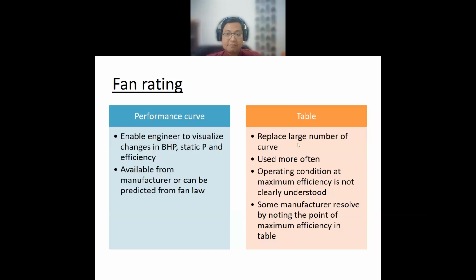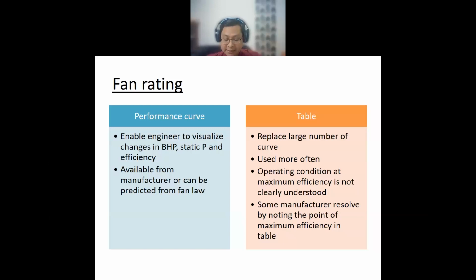Tables replace a large number of curves and are used more often, since the operating condition at maximum efficiency is not clearly understood. Some manufacturers resolve this by noting the point of maximum efficiency. Actually, we can tabulate it. Sometimes it is difficult to read the curve, and only certain people can read it very accurately.